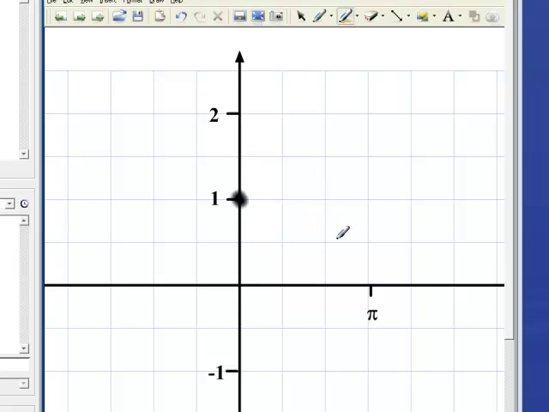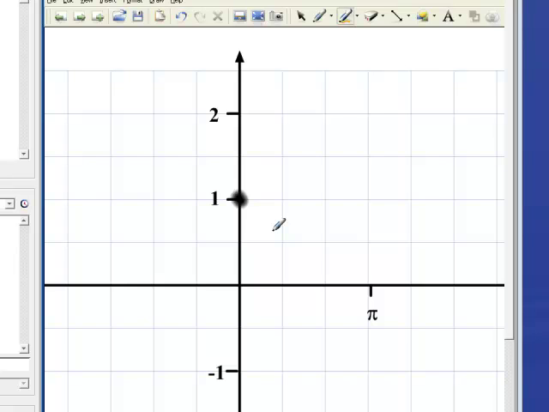and then 0.7, where we have pi over 4. I actually have to work that out off the top of my head.